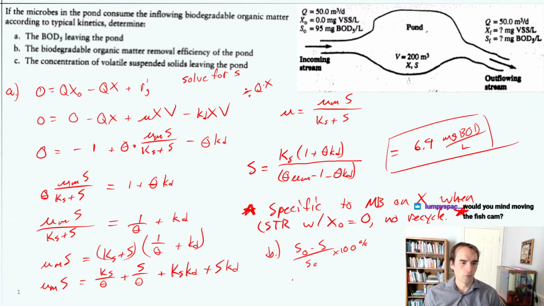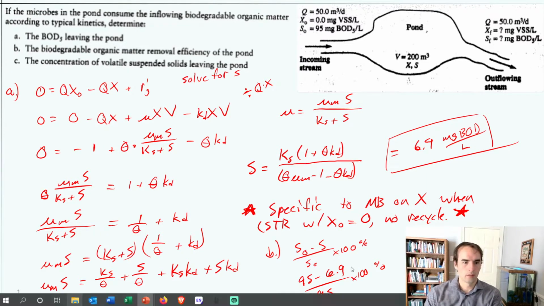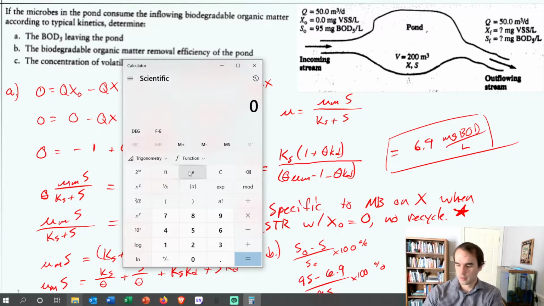Okay, so our efficiency equation then is simply going to be 95 minus 6.9 divided by 95 times 100%. And just looking at it, 95 is pretty close to 100, so it's going to be slightly more than 6.9% efficient. And we'll just do that on a calculator real quick.